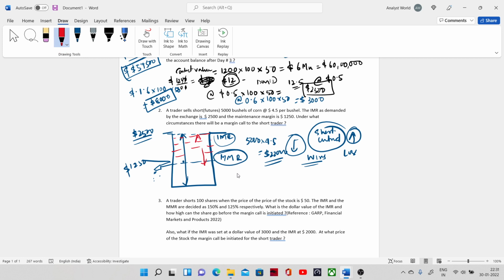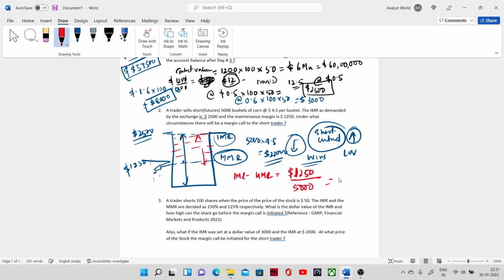The difference between the initial margin and the maintenance margin is 1,250 USD. We are practically talking about a 5,000 bushel contract, so simply divide 1,250 by 5,000.